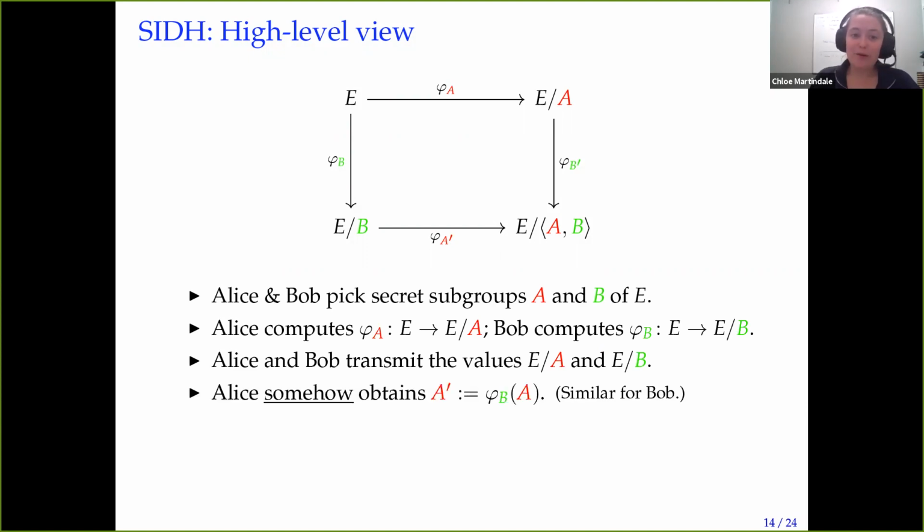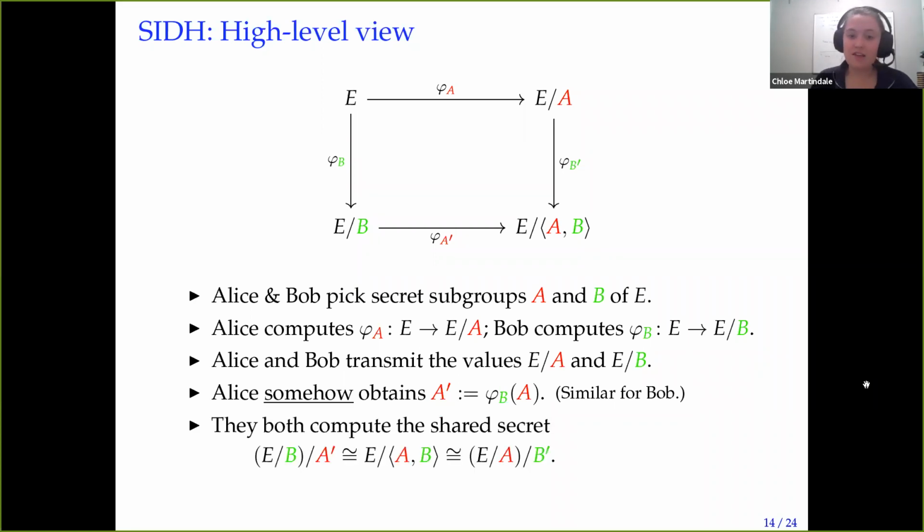Then Alice somehow obtains A prime, the image under Bob's isogeny of her secret kernel, and Bob finds B prime, the image under Alice's isogeny of his secret kernel. Using that, they can both compute the shared secret because of some elliptic curve magic. It turns out that the quotient of E/B by A prime is isomorphic to the quotient of E/A by B prime, and for that reason we write it as E/<A, B>.